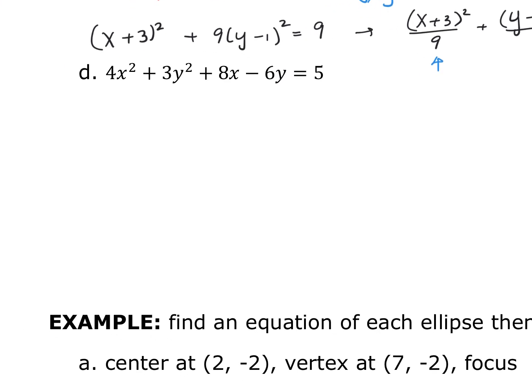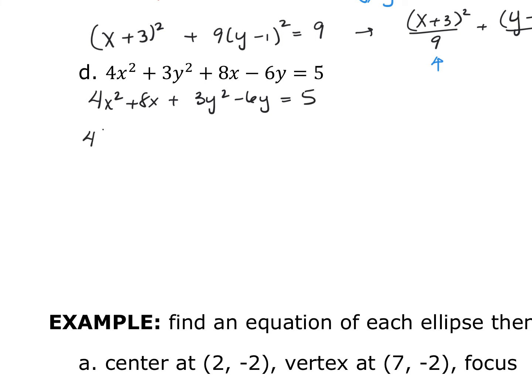For this last example, I'm going to need to complete the square on both the x's and y's. So I have 4x squared plus 8x plus 3y squared minus 6y is equal to 5. And 5 is already on the other side of the equal sign, so that's a cool place for it.